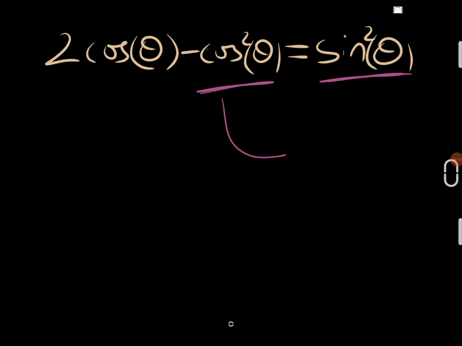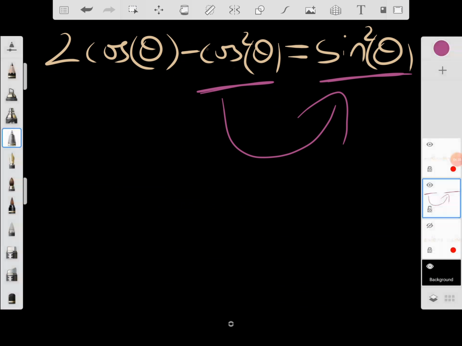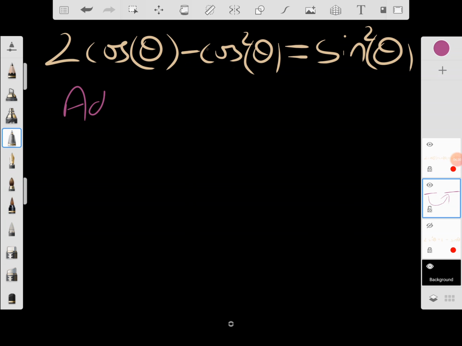If I can move this here, if there's any way, then it is possible, right? I'll get sin square theta plus cos square theta. So what I'll do is, I will just add cos square theta on both sides.